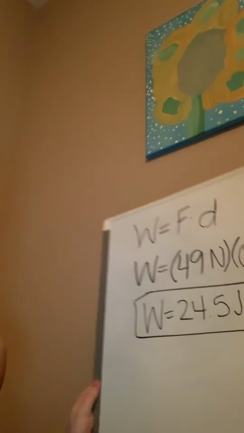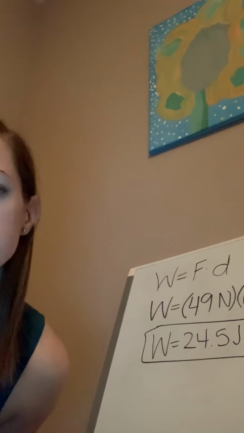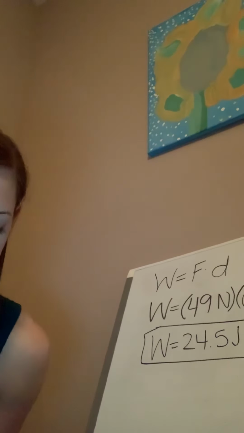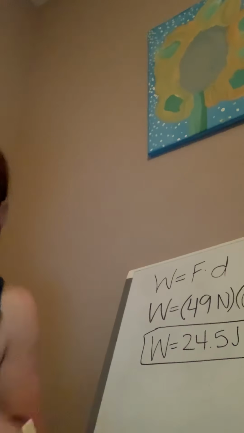Number 7 says, calculate the work done when you push with a force of 500 newtons against a wall for 30 seconds. Now, we should know from the notes yesterday that in order for work to be done, you have to apply force and it has to move a distance.